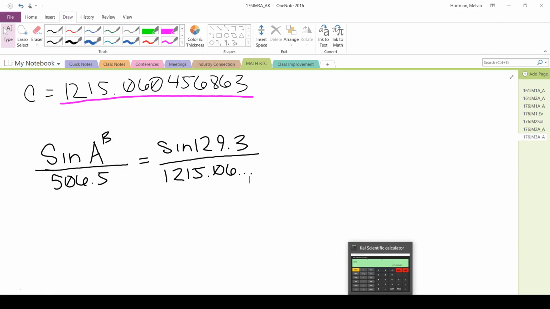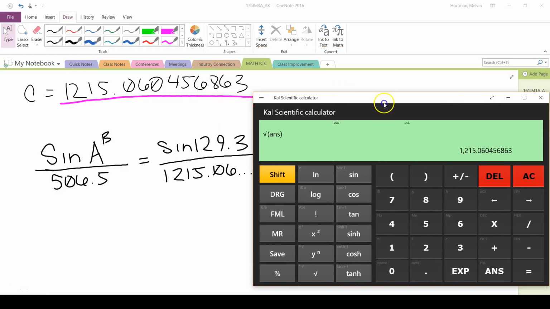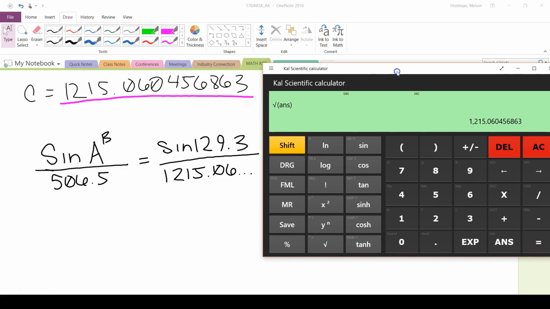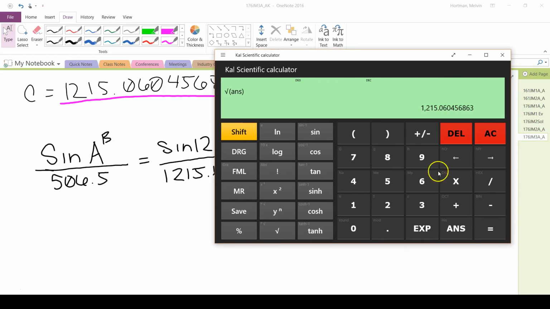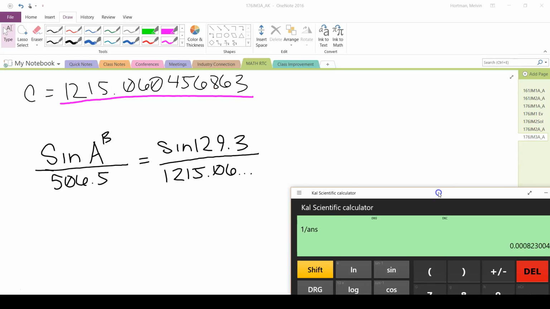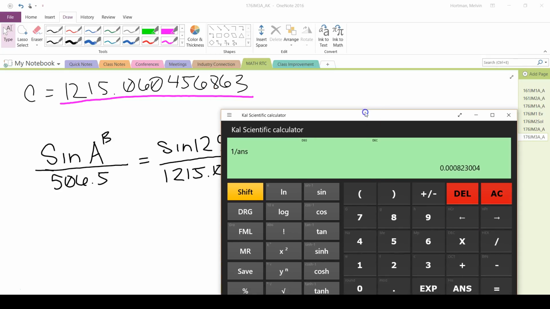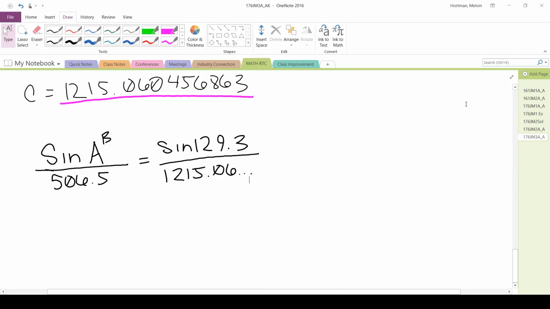Let me write this out so I don't make an error.